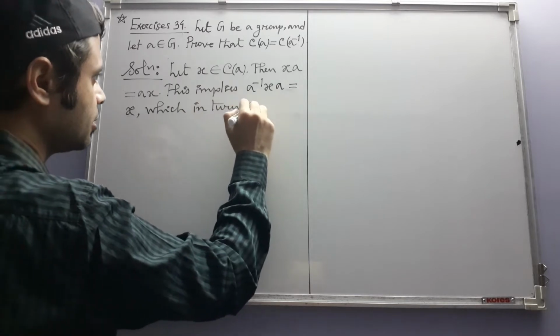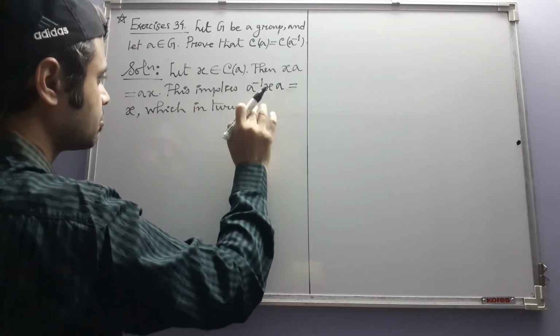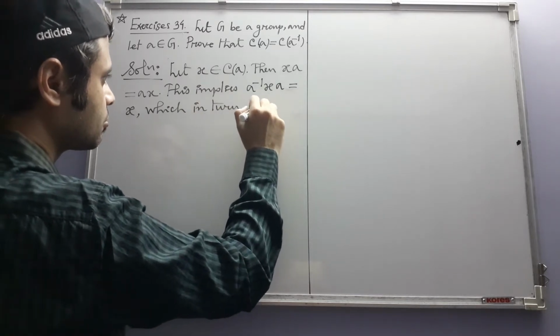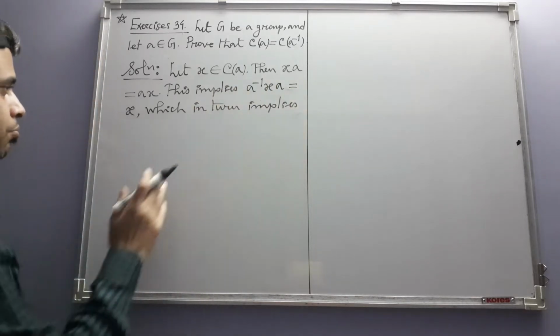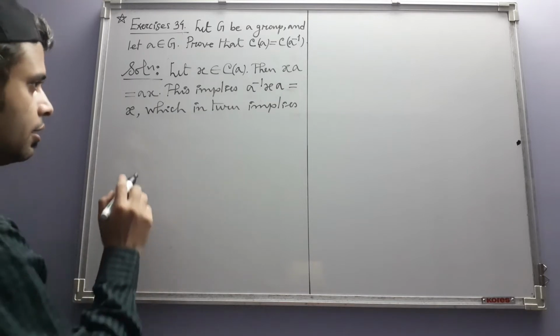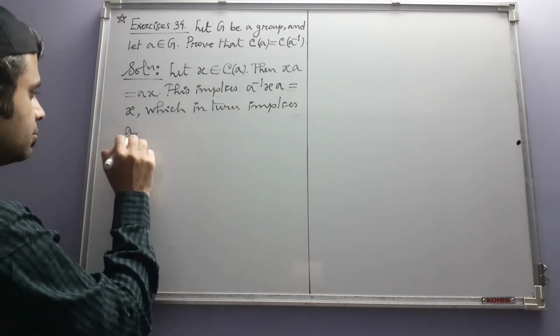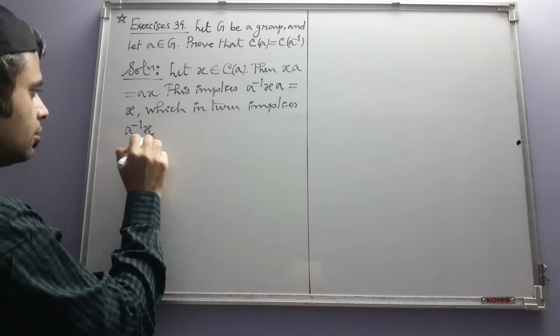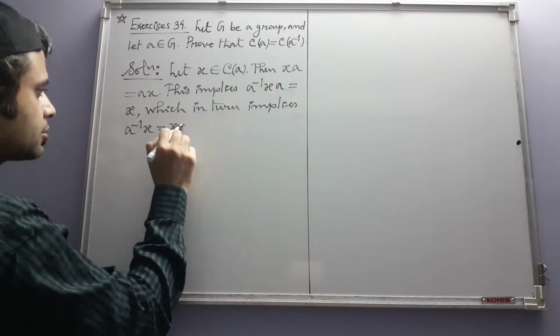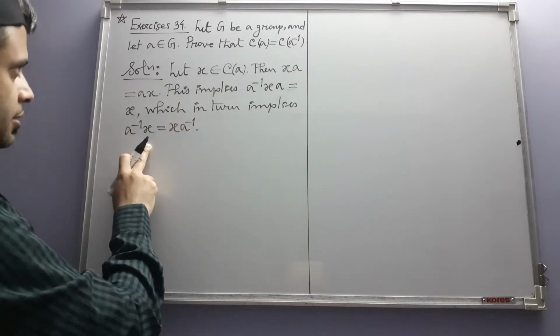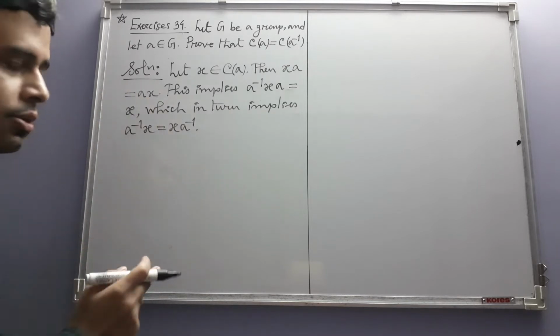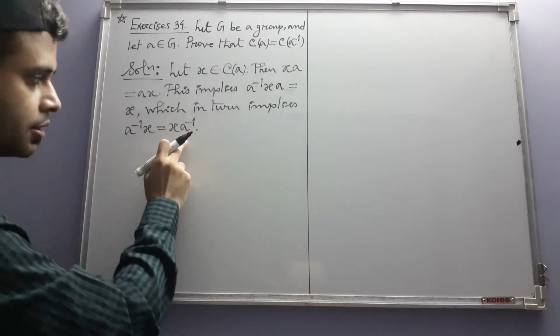Which in turn implies, now we post multiply both sides by A. Doing that we get A inverse X equal to XA inverse. So we now see that X, just like it commutes with A, it also commutes with A inverse.